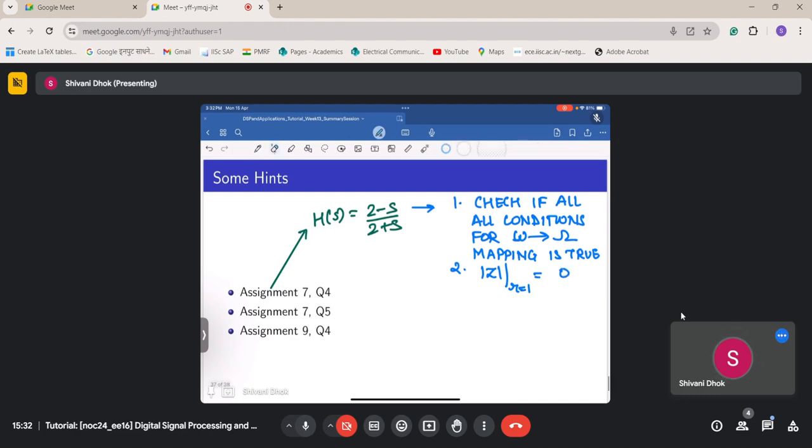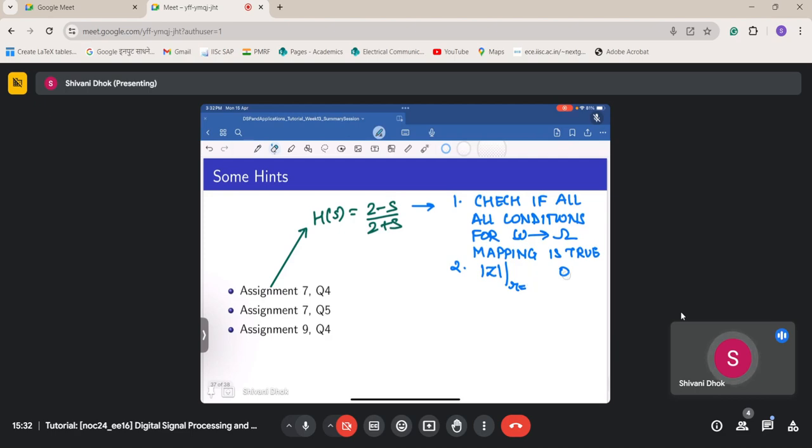You need to check like maps to 0 or all the conditions. Just check all the conditions for mapping of this is true. There are 2 or 3 conditions which were mentioned in the lecture. Just check that.